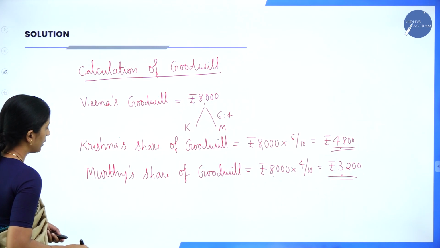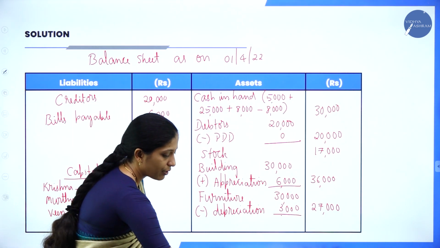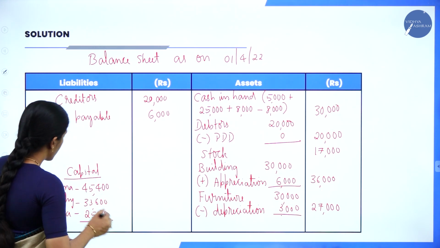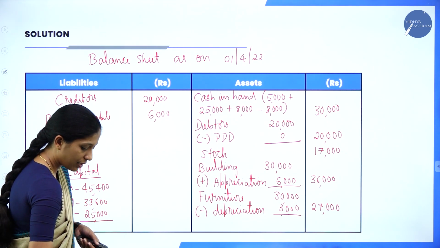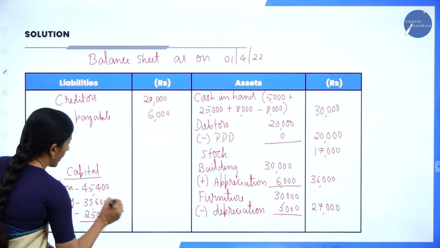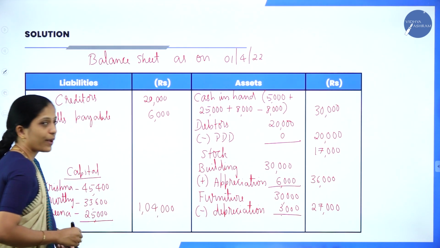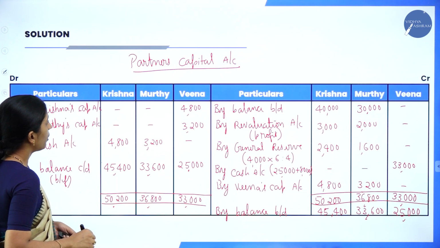Yes, and 25,000. So when you total, 45,400 plus 33,600 plus 25,000, so I'll get 1,04,000.